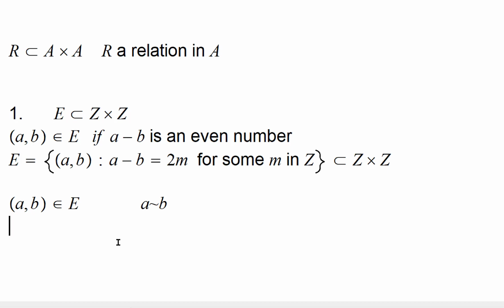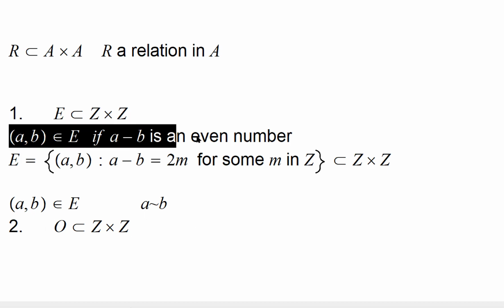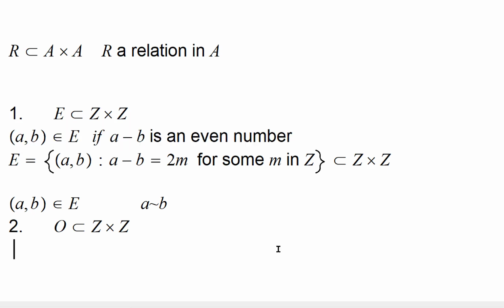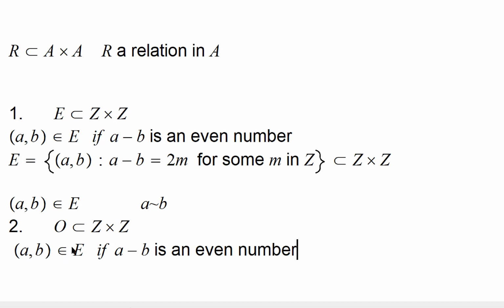And in a similar fashion, we can define another relation. For instance, we may say O, I just happen to take this symbol O. Here, instead of even, we may say that (A, B) belongs to O if A minus B is an odd number.